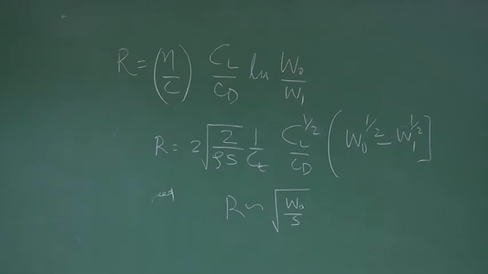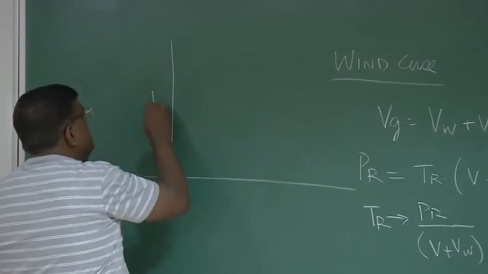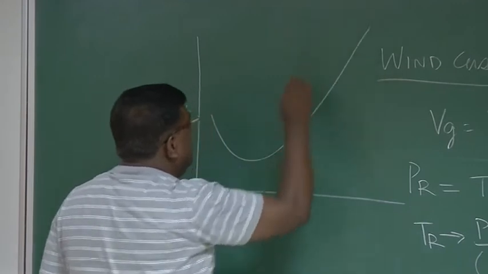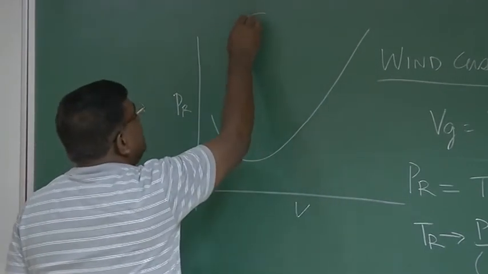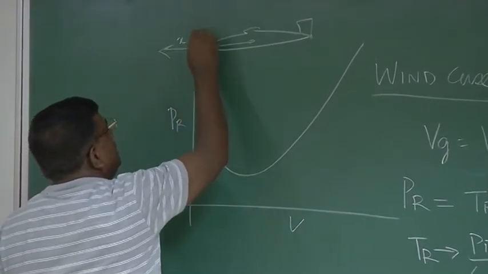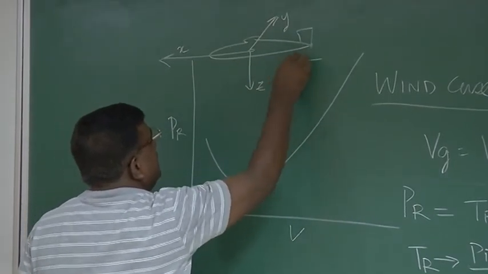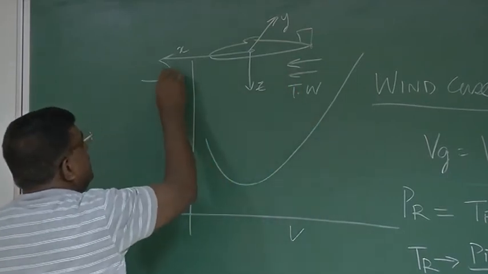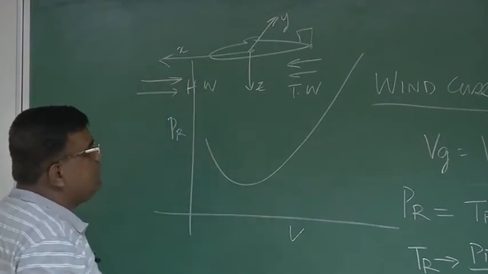So how do I use the same graph? What I do, this is power required versus V. Now suppose it is a tailwind, as per the convention, if this is an aircraft, this is X, this is Y, this is Z. Tailwind means like this, that is along X direction, TW is tailwind, and HW is headwind, the opposite direction.